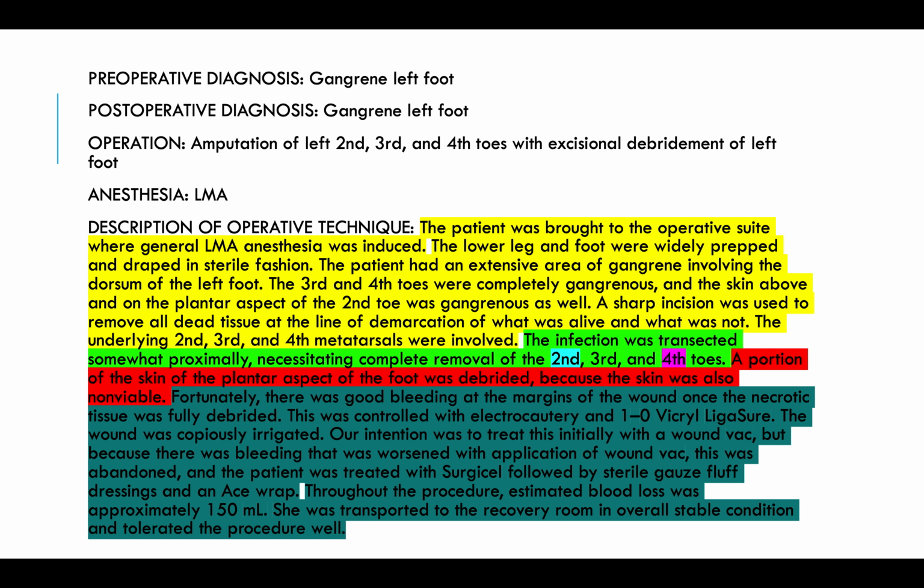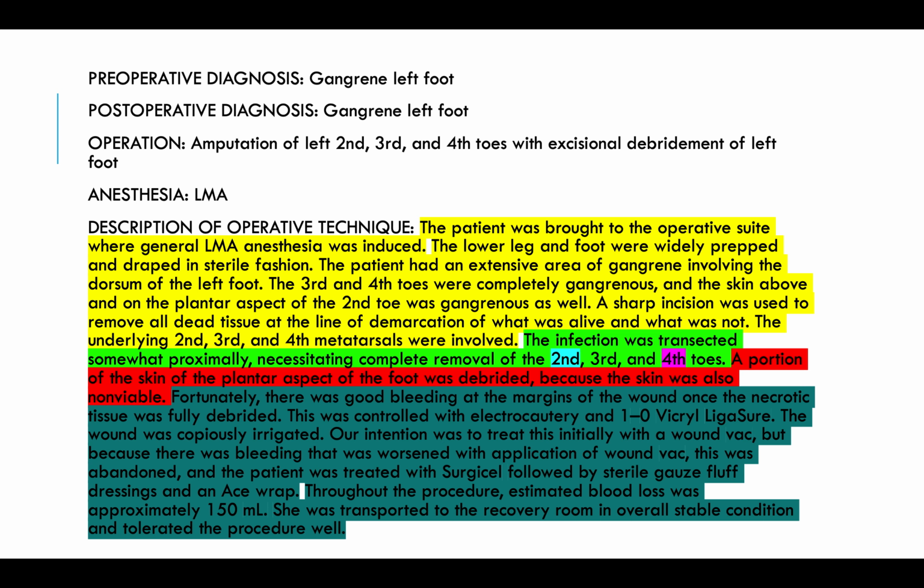A sharp incision was used to remove all the dead tissue at the line of demarcation of what was alive and what was not. Again, the incision is considered preoperative. The underlying second, third, and fourth metatarsals were involved. Again, preoperative.